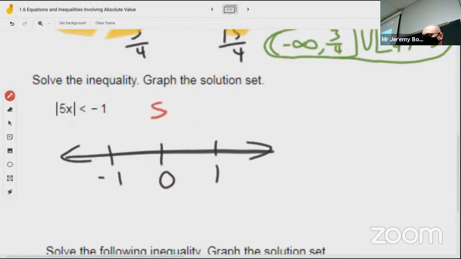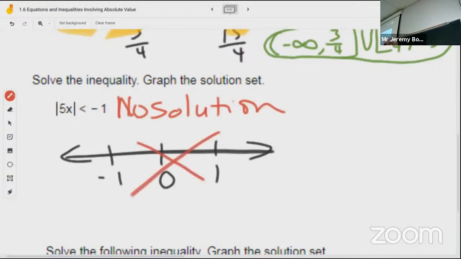No solution. You don't even need to worry about that. If you have the absolute value of some term with your variable is less than -1, which is less than 0, there's going to be no solution. Because basically it's saying it's going to be less than -1. There's no way I can do that.